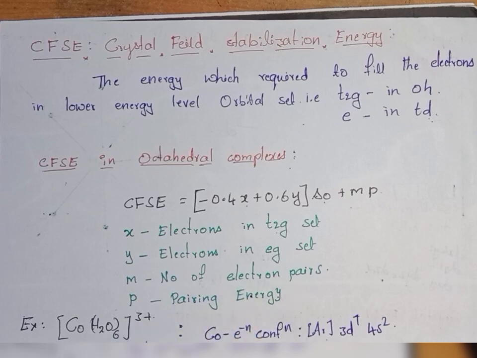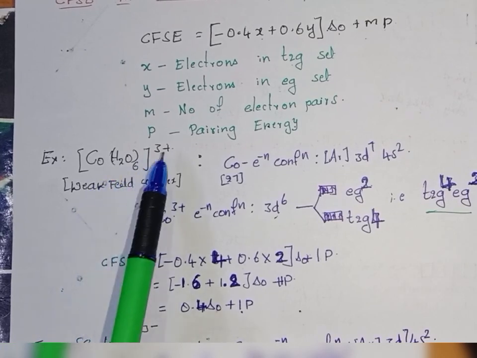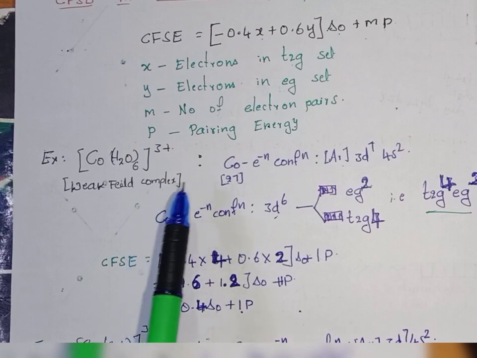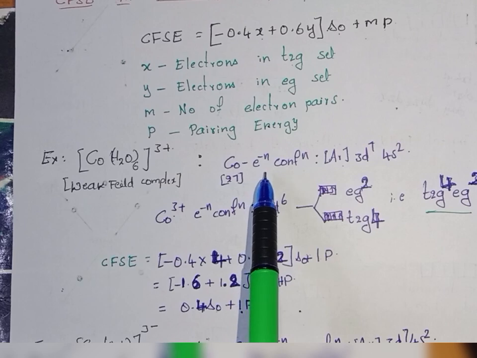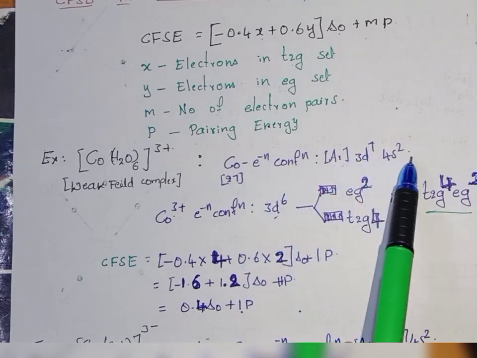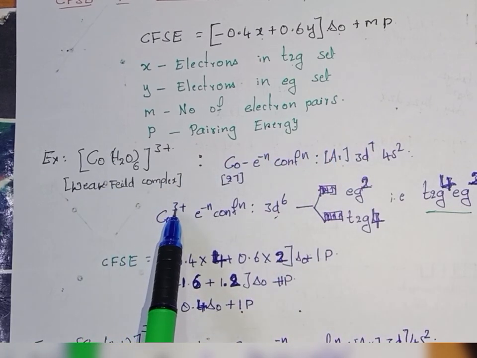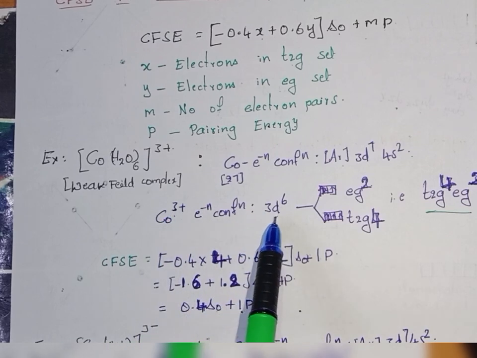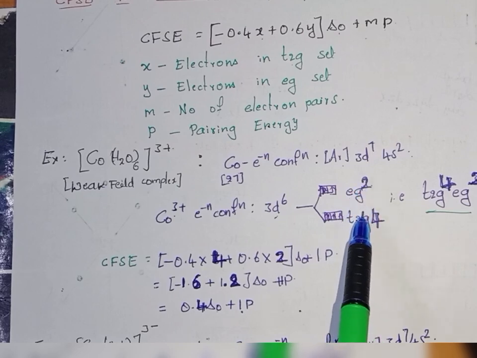If we take an example, hexaaquacobalt(III) complex, it is a weak field complex. Cobalt has atomic number 27 and electron configuration argon 3d7 4s2. Here cobalt is in the +3 oxidation state, therefore the configuration is 3d6, that is t2g4 eg2.